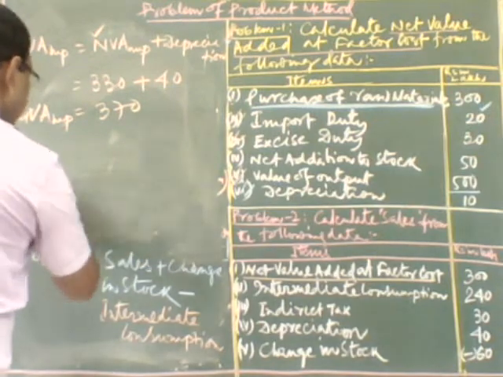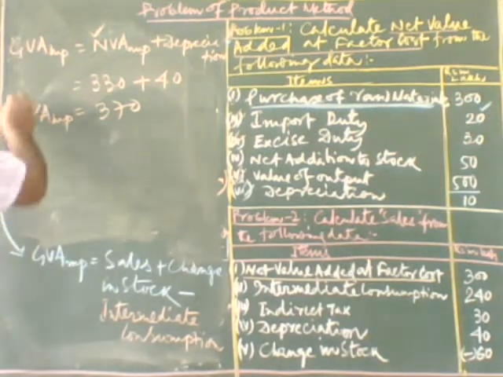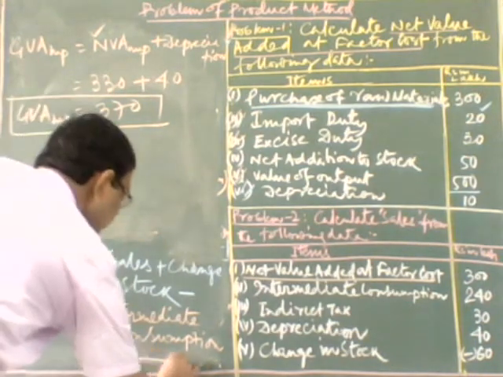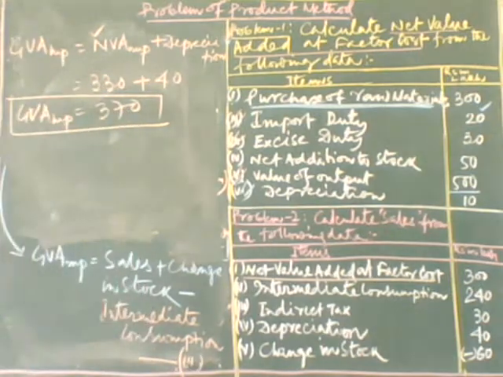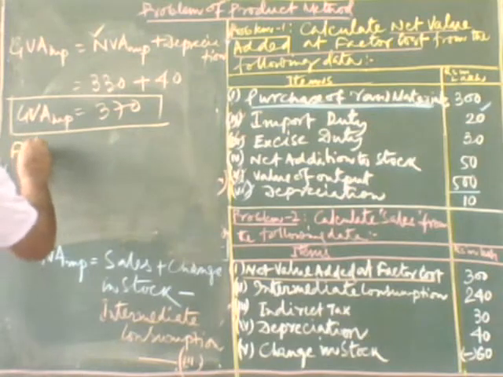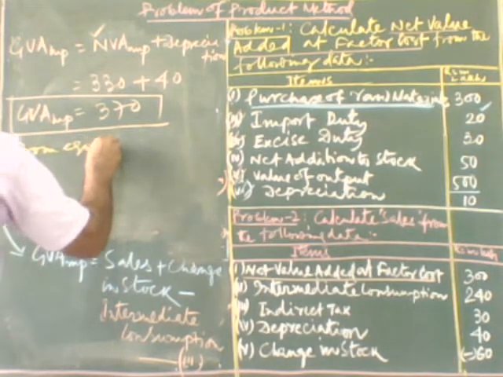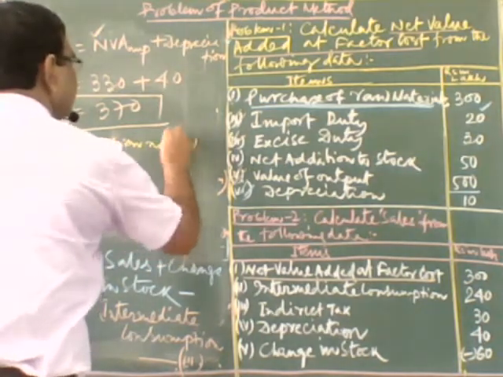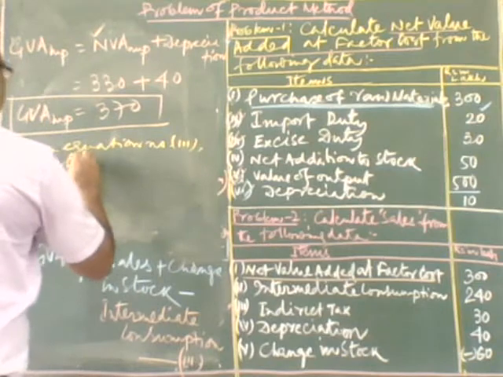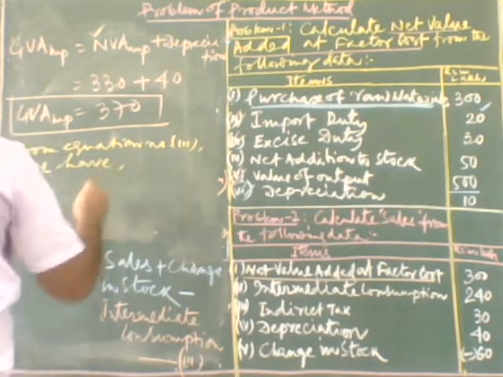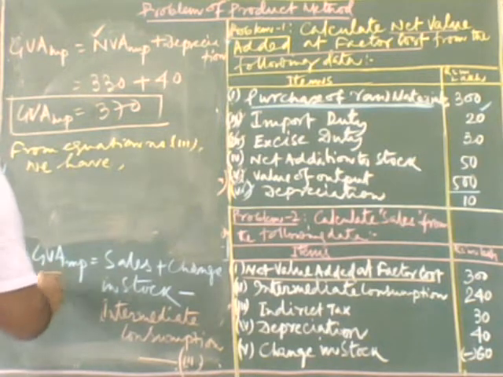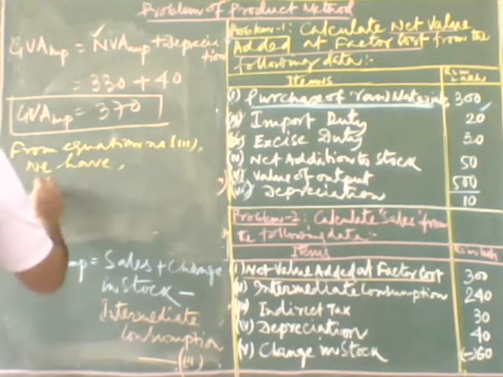Now this value you have to put in equation number 3. Therefore, from equation number 3, we have GVA, that value is 370.